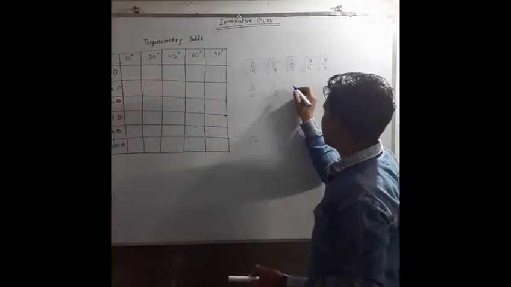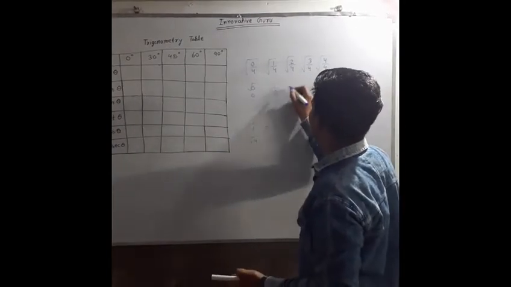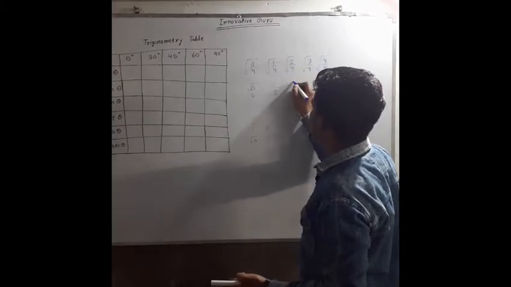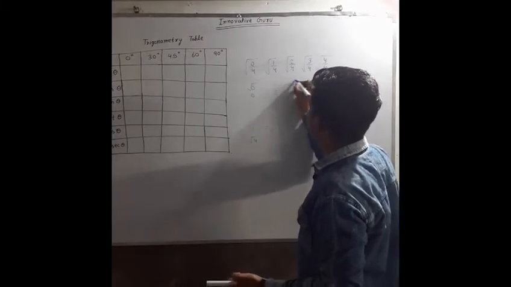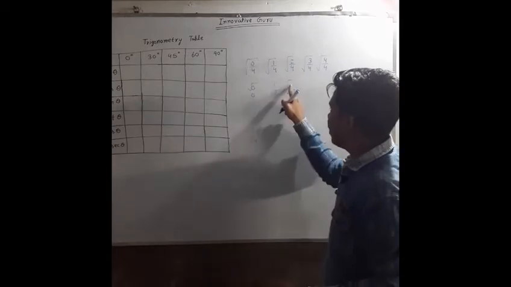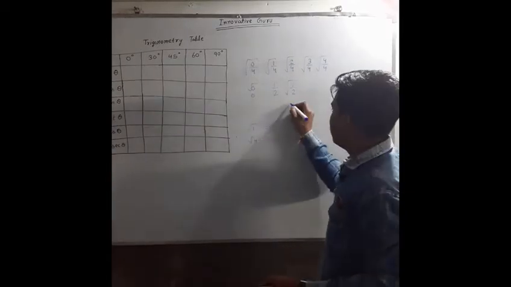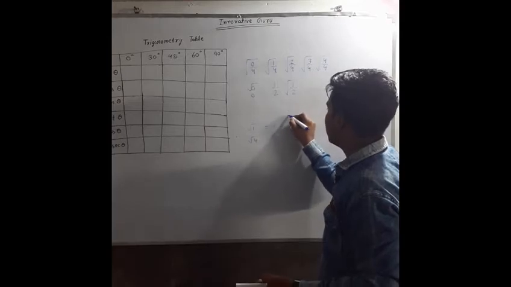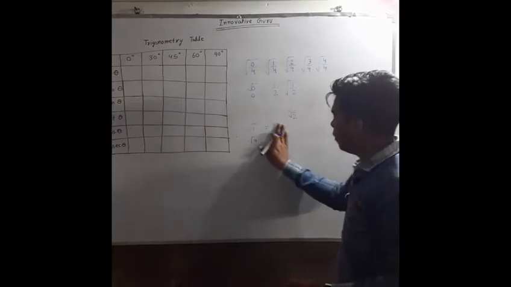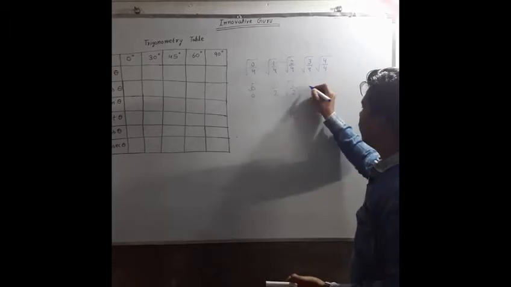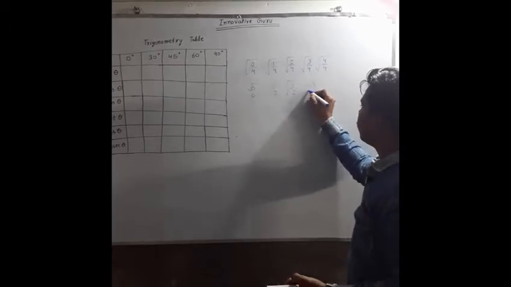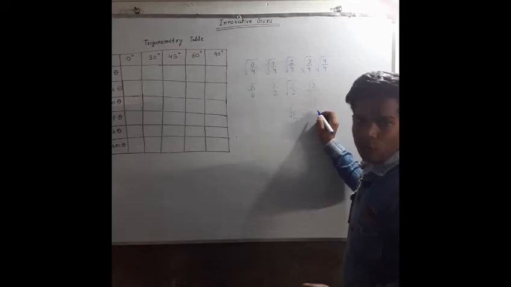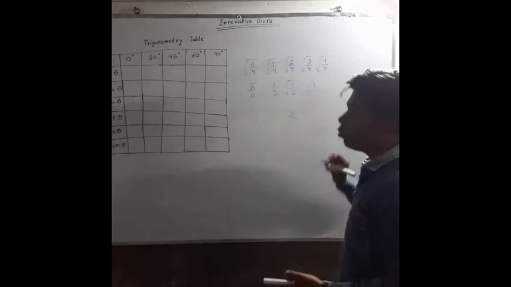Now focus on the next one. If you cut this, it is 1 by 2, and the root of 1 is 1. And root 2 is root 2, you cannot solve this. Now the next one, we cannot solve root 3, but we can solve root 4, which is equal to 2.